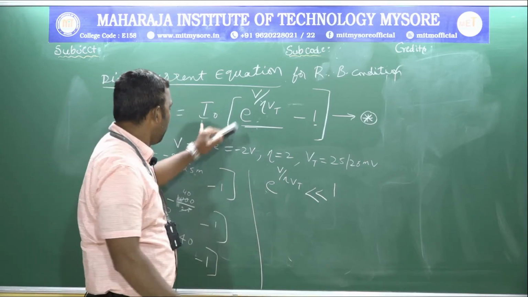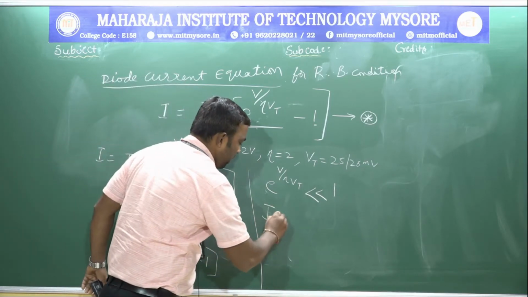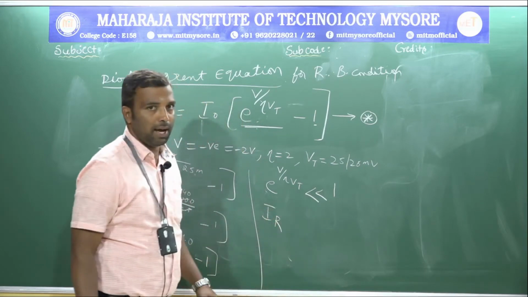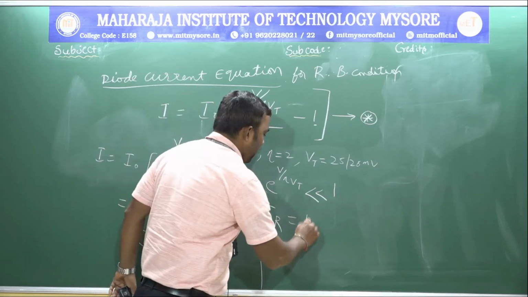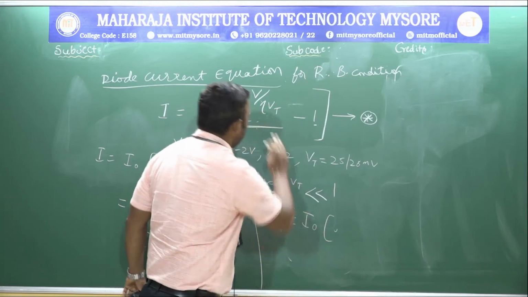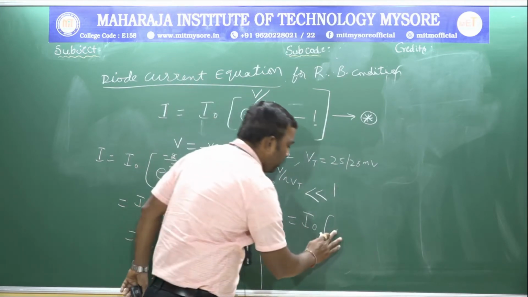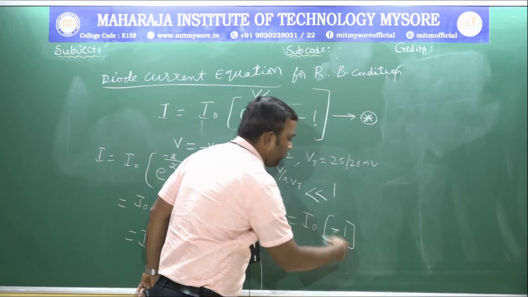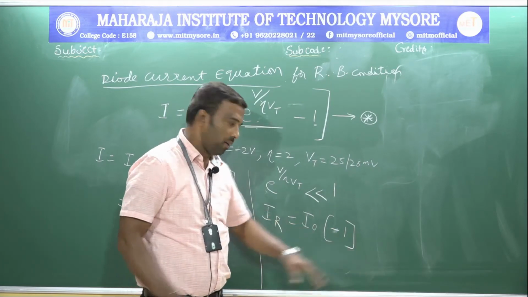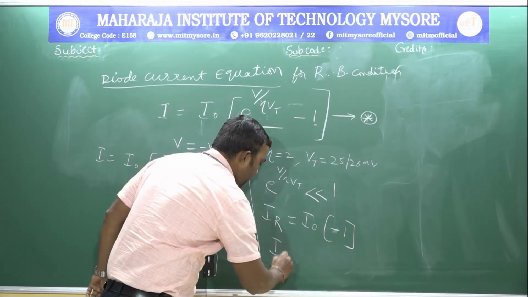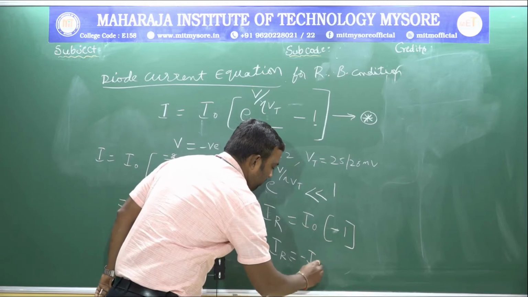Therefore, the approximated diode current equation in the reverse bias condition, which is the reverse current IR, equals I naught into, with this term neglected, minus 1. Therefore IR equals minus I naught.